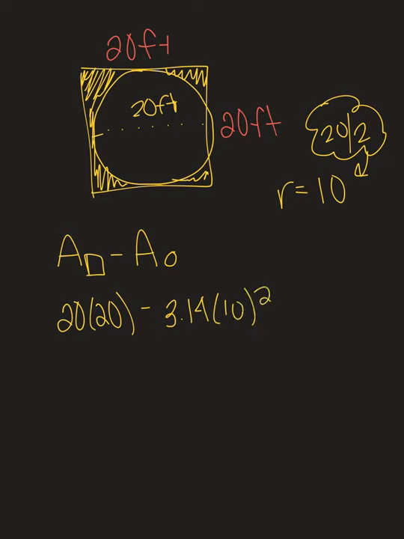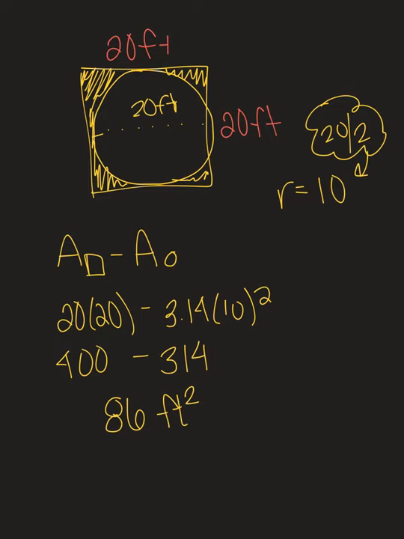And then you can do each of these pieces individually. So you've got that 20 times 20, which is your 400, minus, and then we've got 3.14 times 10 squared, which is 314. And then you're going to subtract. So 400 minus 314. Which is 86. And this is area, so square feet.